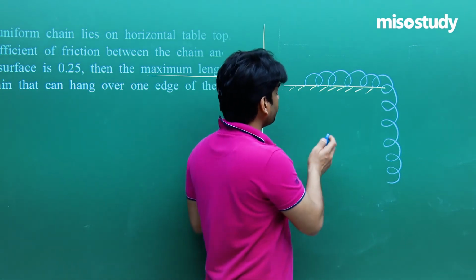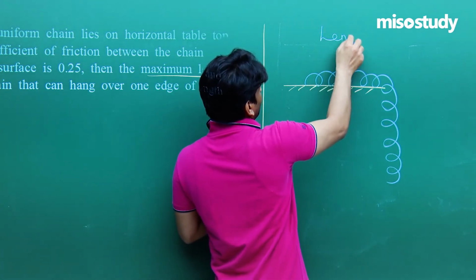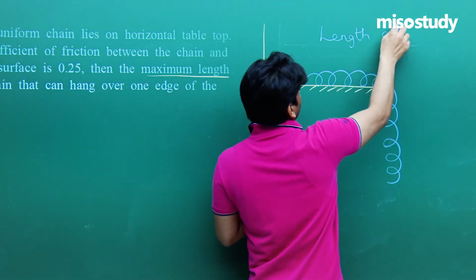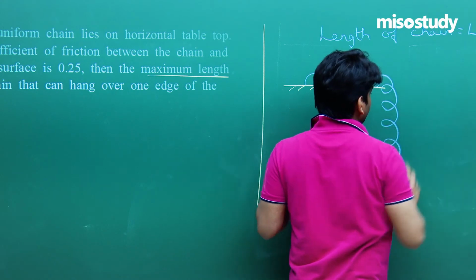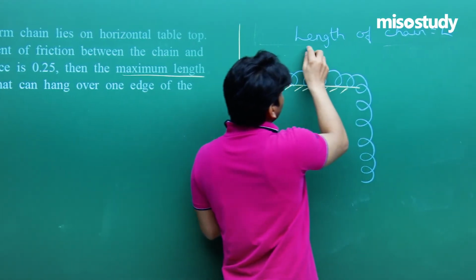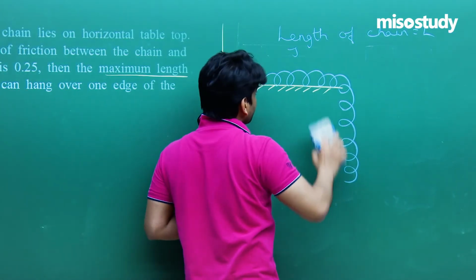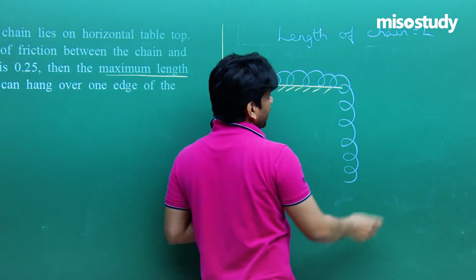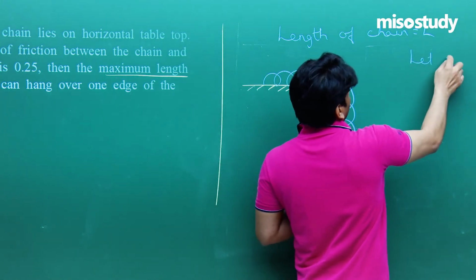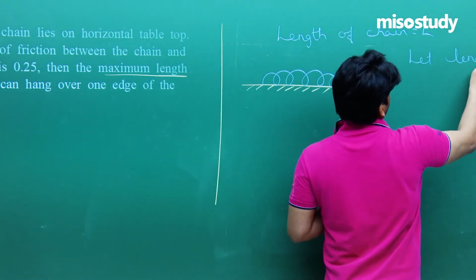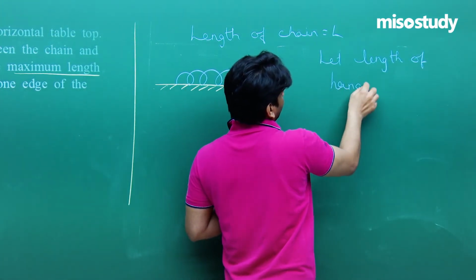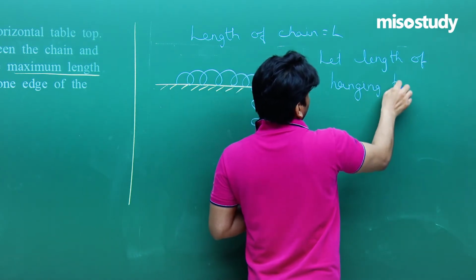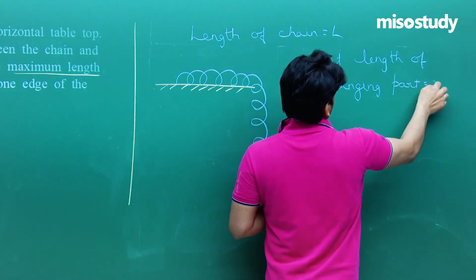Let us say the length of chain is capital L, and let us say the length of the hanging part be x.